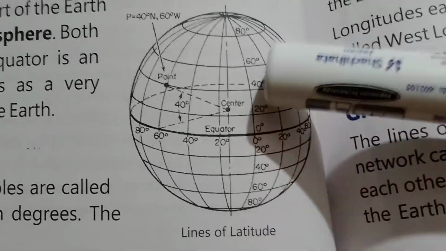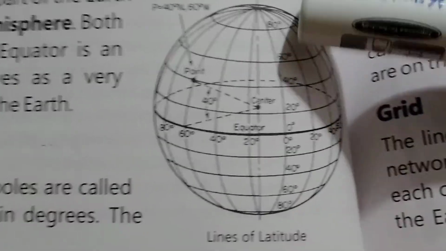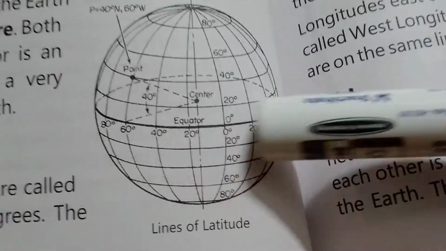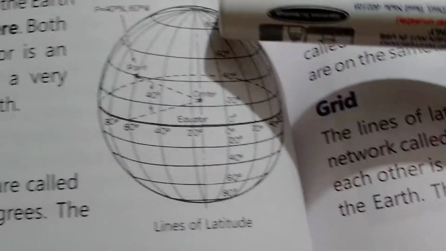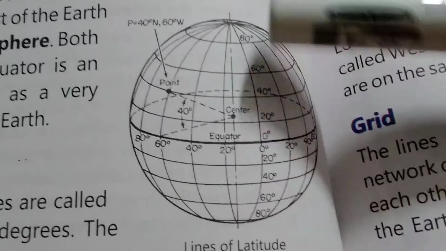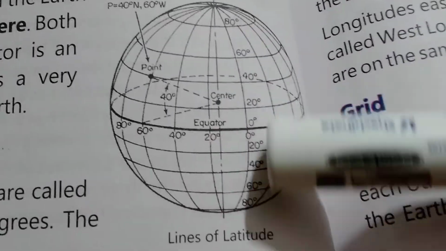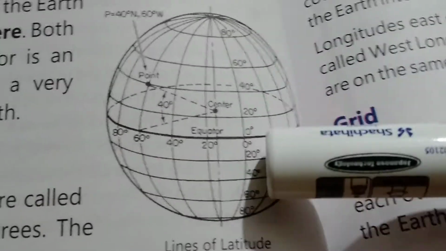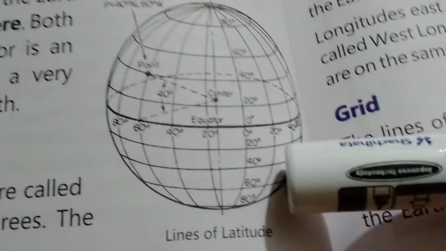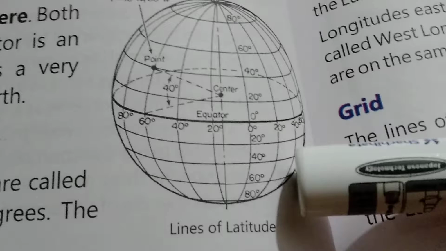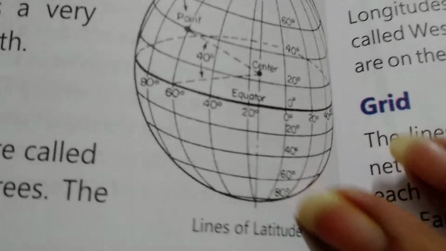All parallel lines from the equator, the lines towards the North Pole and the lines towards the South Pole, are all called latitudes. These lines are measured in degrees, as I showed you before. The equator is the 0 degree latitude.